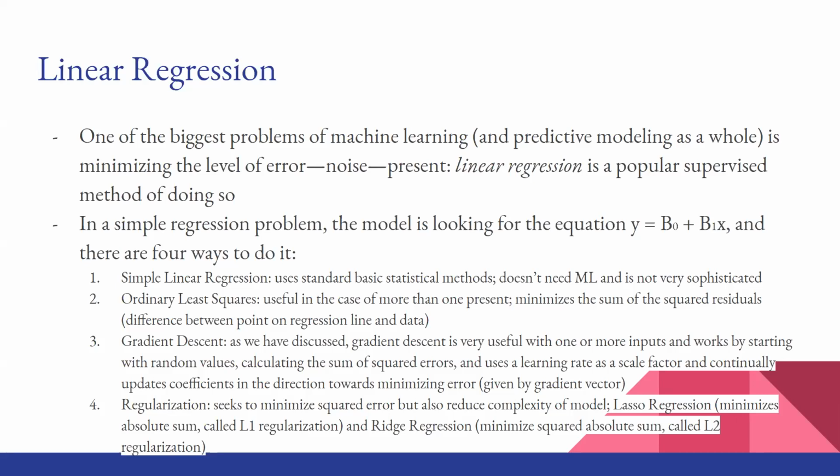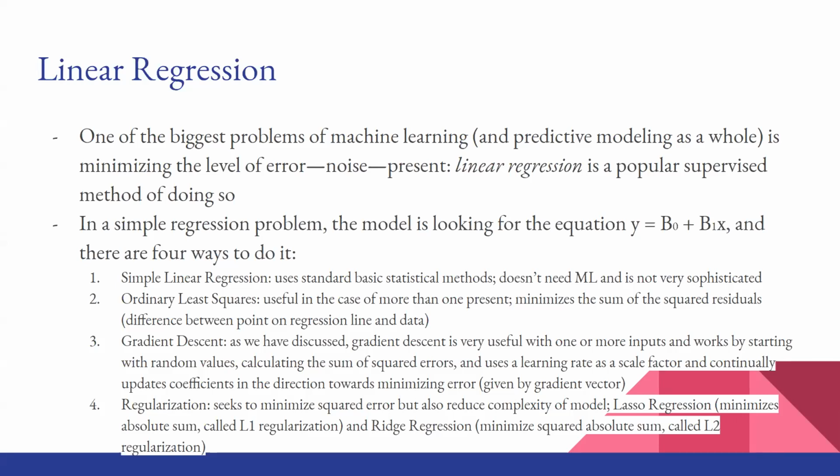It's useful in the case of more than one input, and minimizes the sum of the squared residuals, the difference between the point on the regression line and the data. Third is gradient descent, which, as we have discussed, is very useful for one or more inputs and works by starting with random values, calculating the sum of squared errors, and using a learning rate as a scale factor, and continually updating coefficients in the direction towards minimizing errors. This is given by our gradient vector.